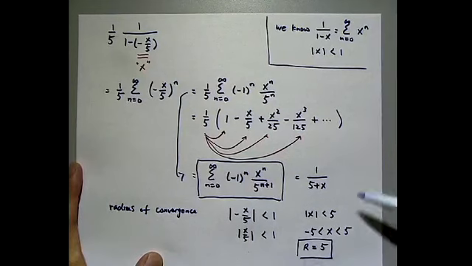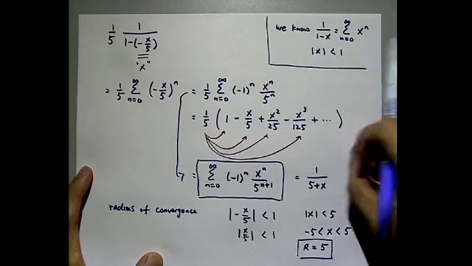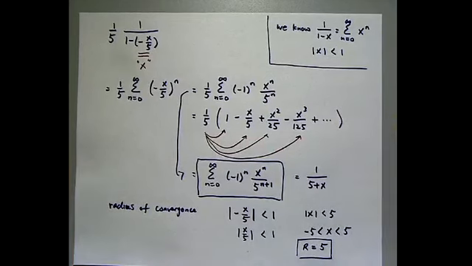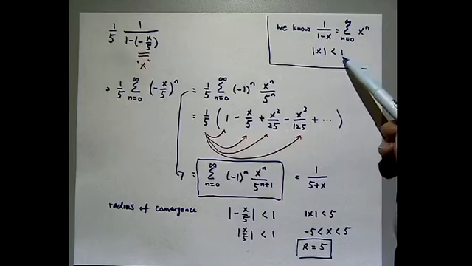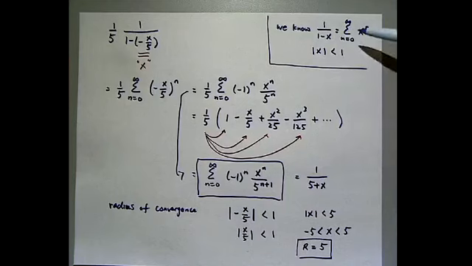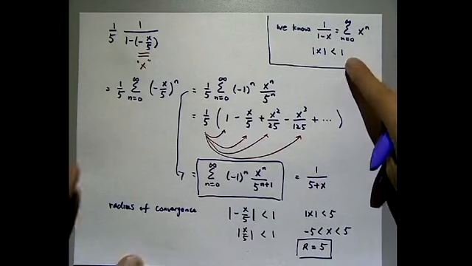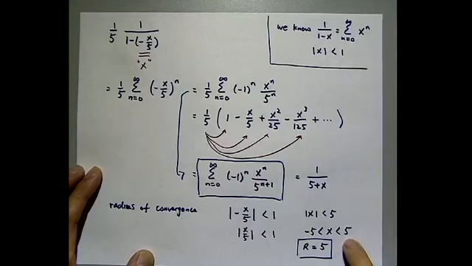What about the interval? Do I need to check the endpoints? We could do that, but we actually know we don't need to check them, because we know a geometric series has to have this thing strictly less than 1. Because we're borrowing the consequence of using a geometric series, this has to hold true. And that means we don't have to check the endpoints.